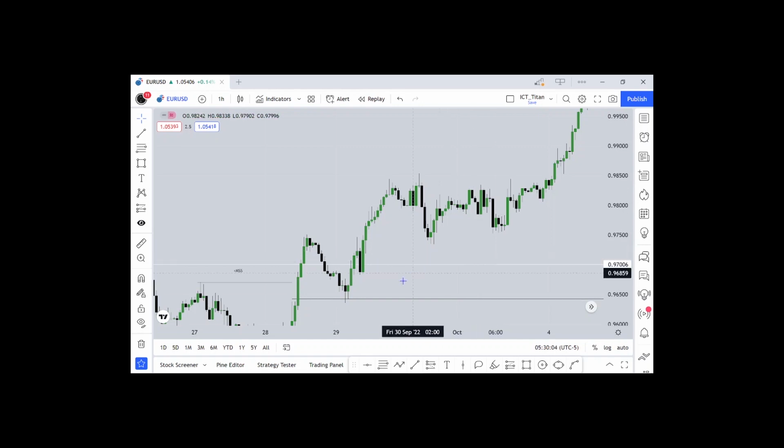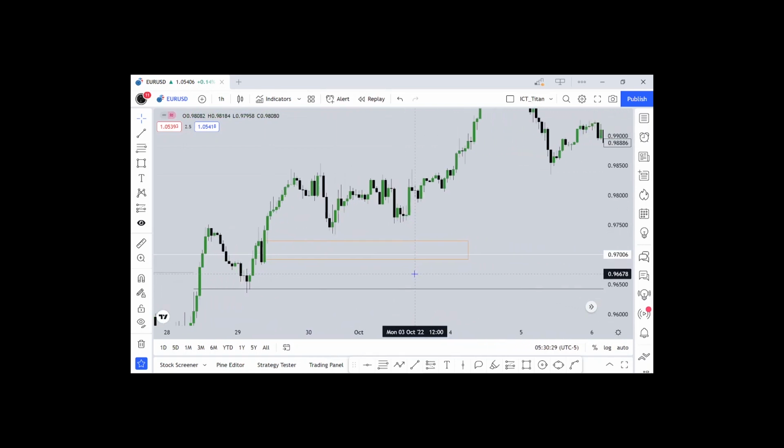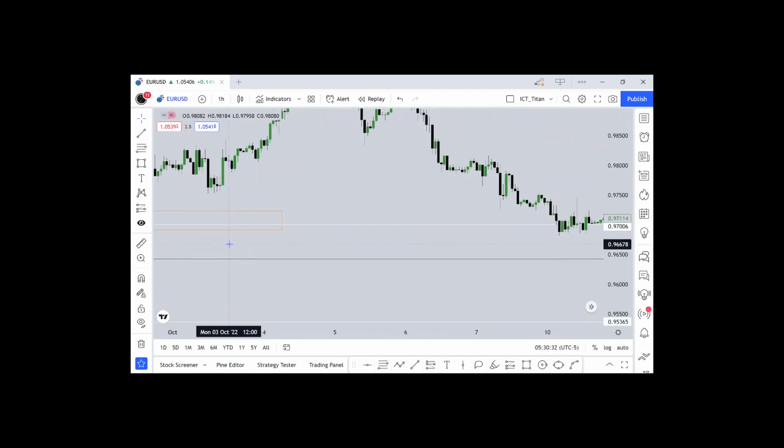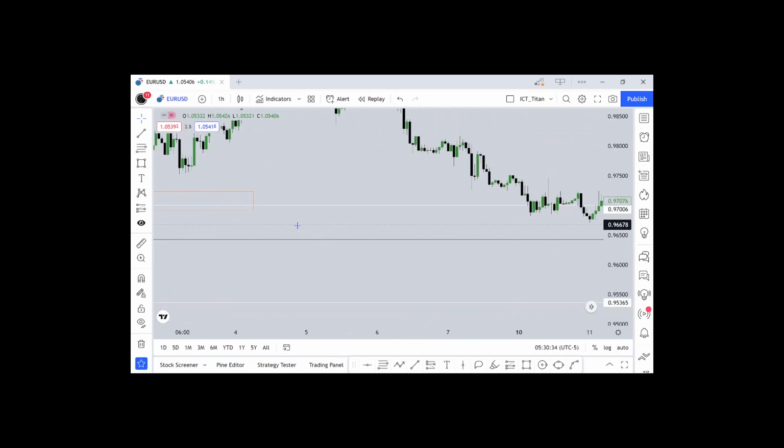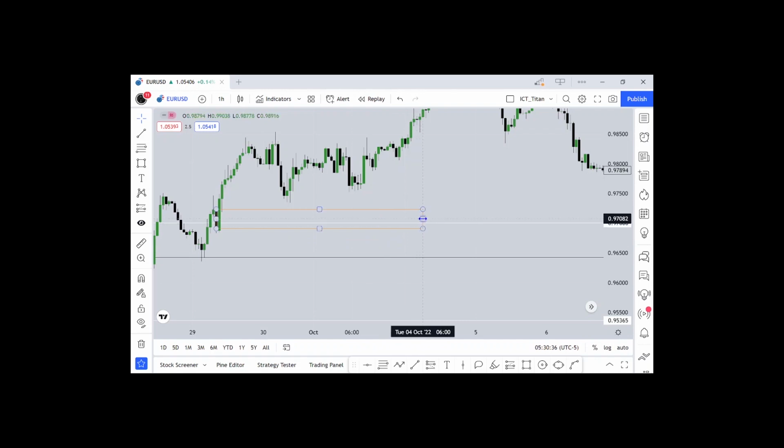Like here we have an order block formation. The formation of this is a bullish order block, which wasn't respected.